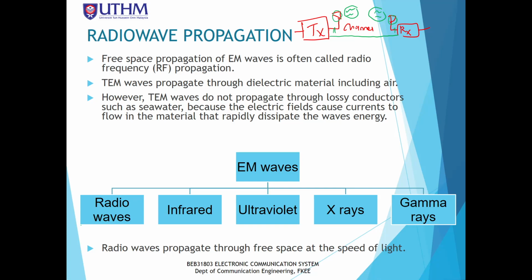of the electromagnetic waves. Electromagnetic waves can be divided into a few categories: radio wave, infrared, ultraviolet, X-rays, and gamma rays.